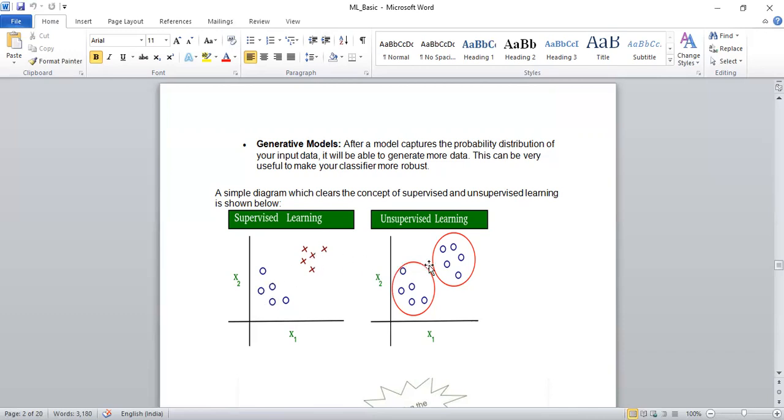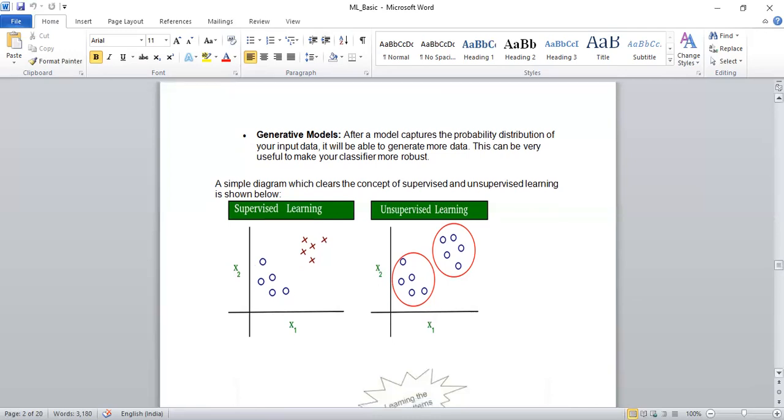But here you have two clusters and the label is not known to you, so everything could be either cross or circle, or something else, or a mix. You don't have an idea. So the algorithm itself just separates the elements into two different clusters, into two different categories.